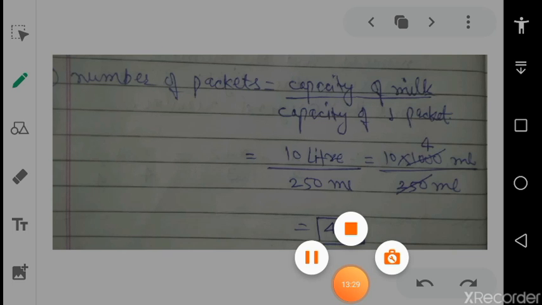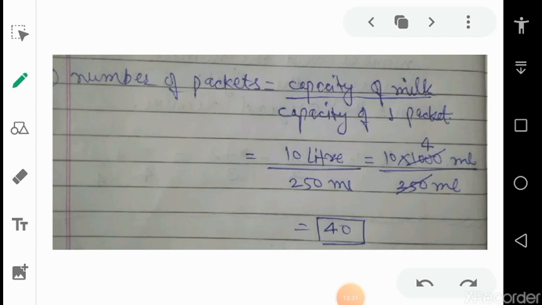Remember always that you should convert all the quantities into same units. For example, we can't compare 10 liter with 1000 milliliter because one quantity is in liter, other is in milliliter. So convert both of the quantities in same units. It doesn't matter which unit you choose, but they should be in same unit.